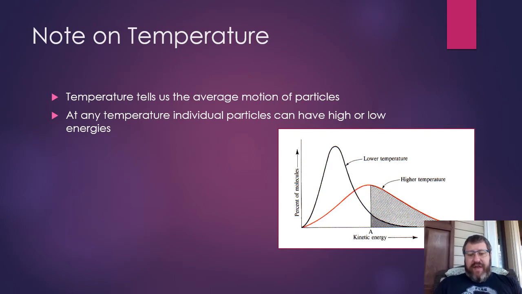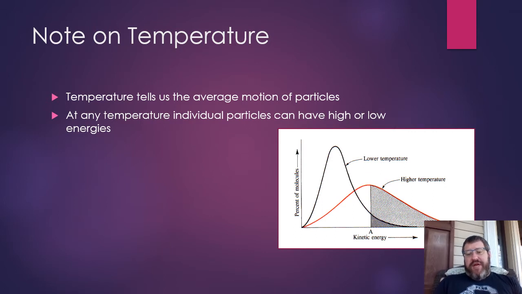As you can see, when we look at the temperature curves here, the lower temperature has a much higher peak, meaning on average the particles are moving slower, but it also has a very high amount of energy as well. So there are particles that have high energy, there are particles that have low energy.